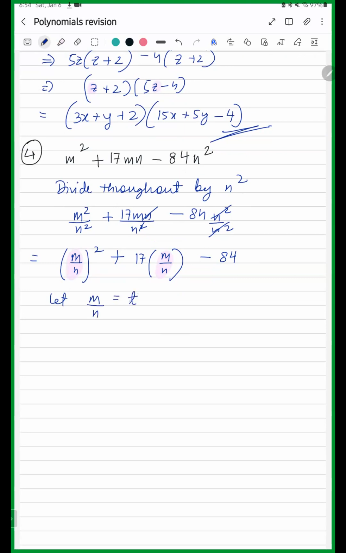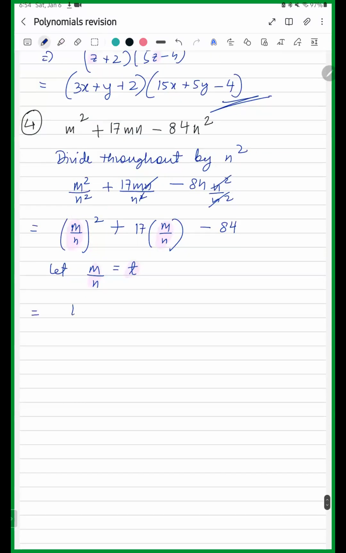Let's say t. So now this becomes easy from here: t square plus 17t minus 84. And this is a quadratic polynomial which we know how to factorize.